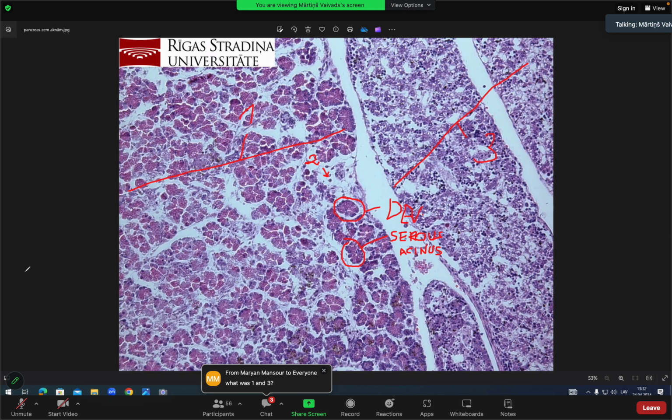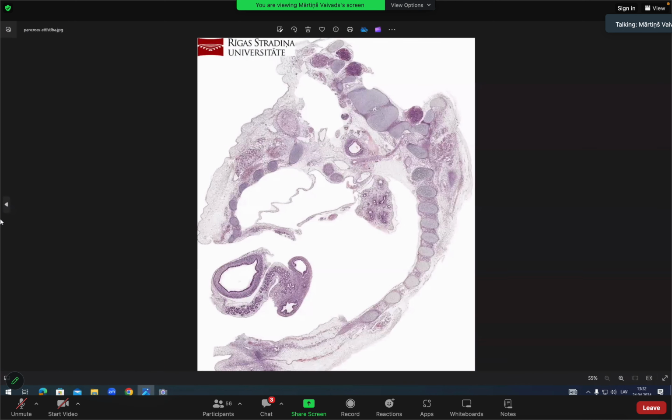Okay, I hope you got this. What else we need to check? There's human slides. So if you want to find the pancreas in human slides, here it is, bless you. Developing pancreas is here. This tissue shows developing pancreas. So you see glandular tissue growing inside mesenchyme. That is developing pancreas.